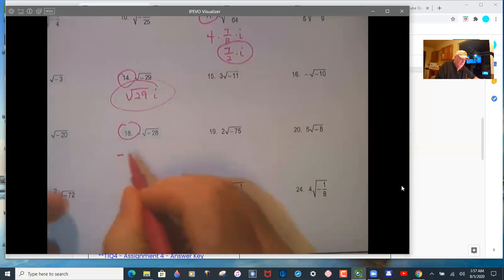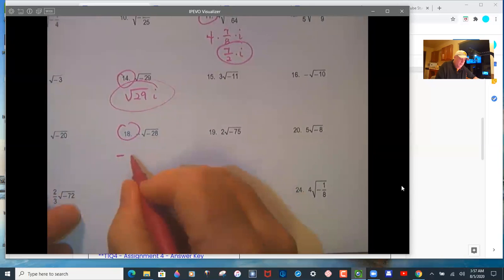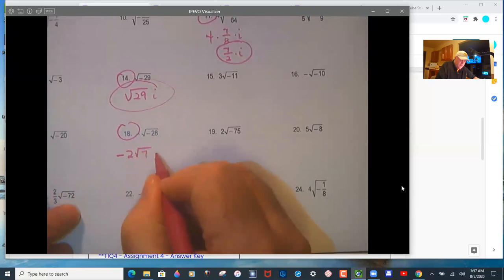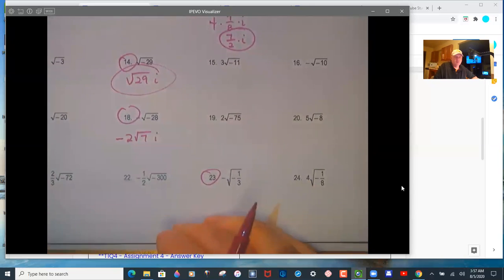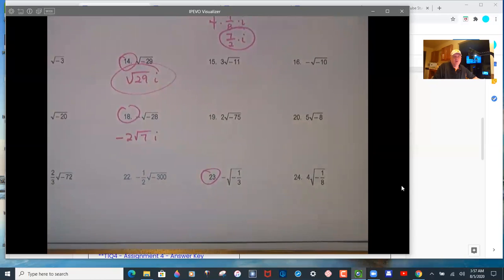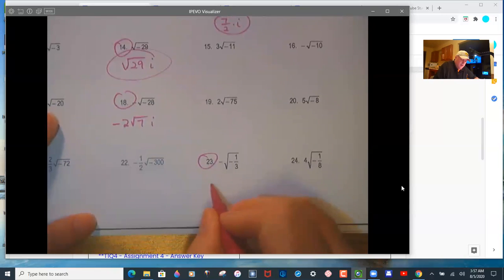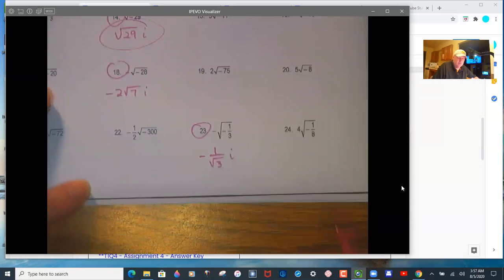Here you have a negative outside. The square root of 28 is 2 times the square root of 7, and then an i. So you just pull that negative out of the square root by tacking an i on the end. This is 1 over the square root of 3i.